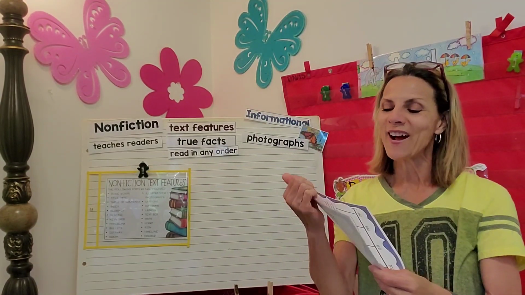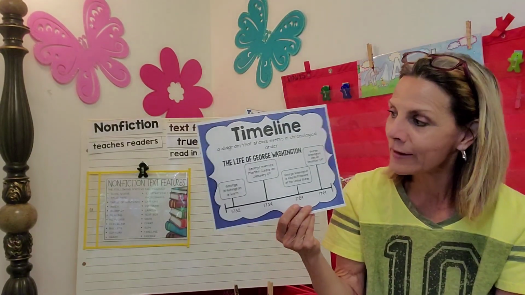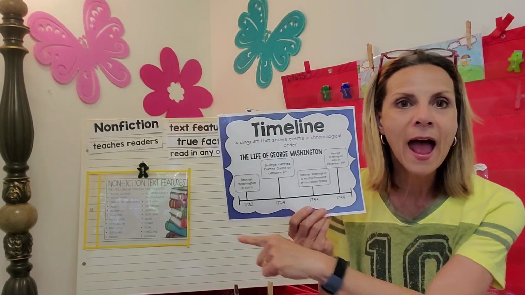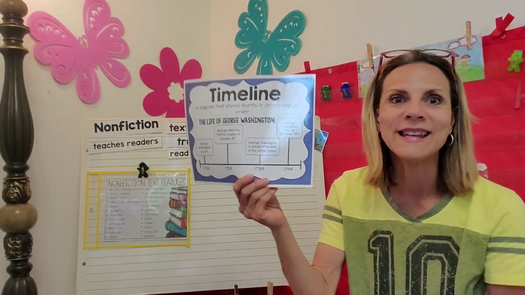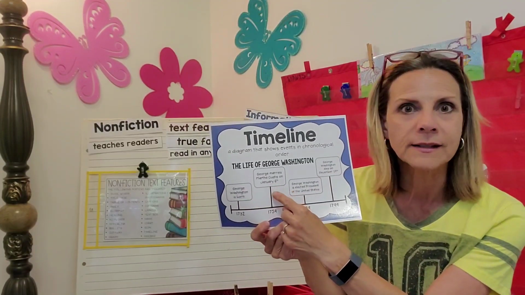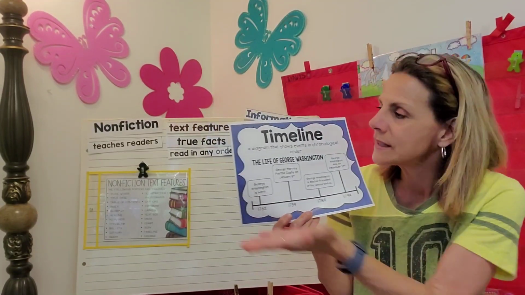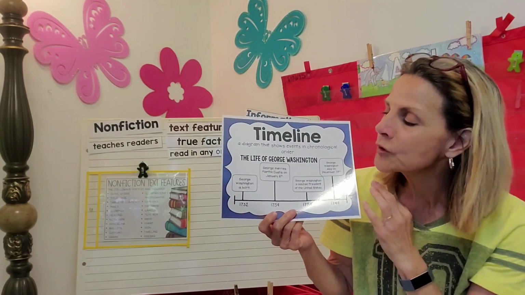I like this one now. Timeline. Now we saw one of these when we were studying Dr. Seuss's life. A timeline has, of course, a line, and then it will have different dates located on it, and then different events that took place in, for instance, this is the life of George Washington, first president.